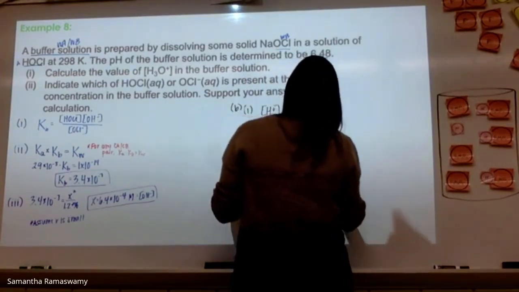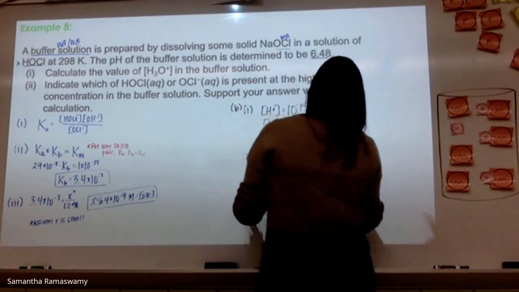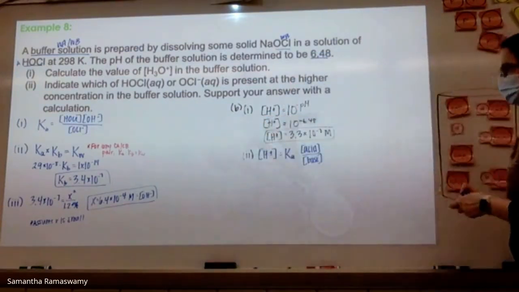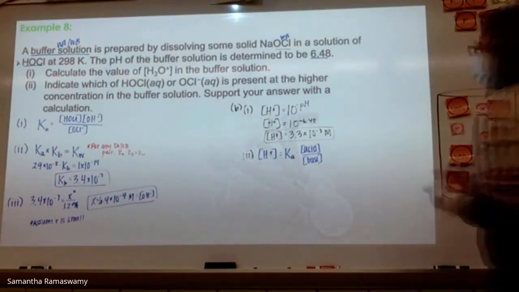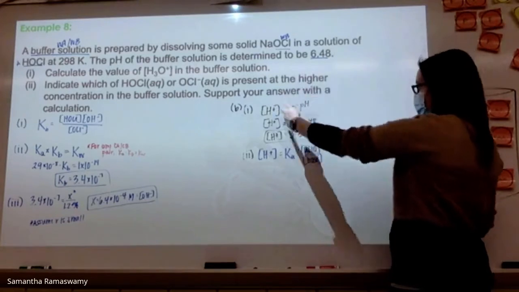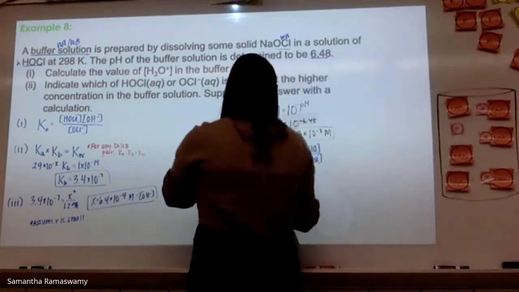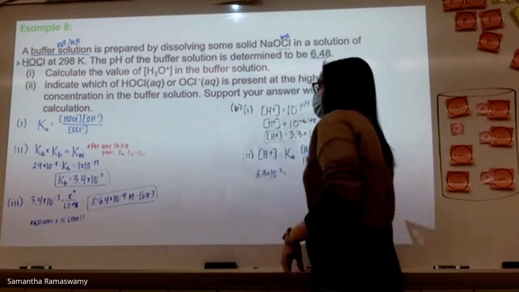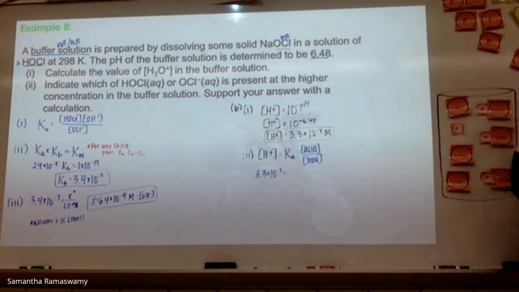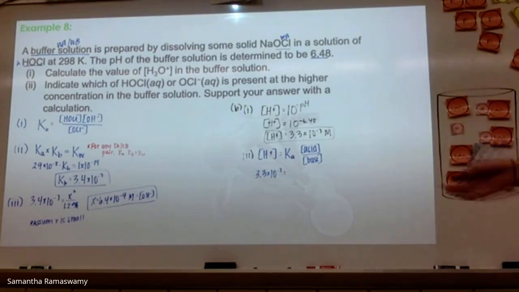So now let's plug in what we know. We just solved for H plus. They actually gave us Ka in the original part. So if you look up in that table, the Ka of HOCl, the acid, was 2.9 times 10 to the negative 8.